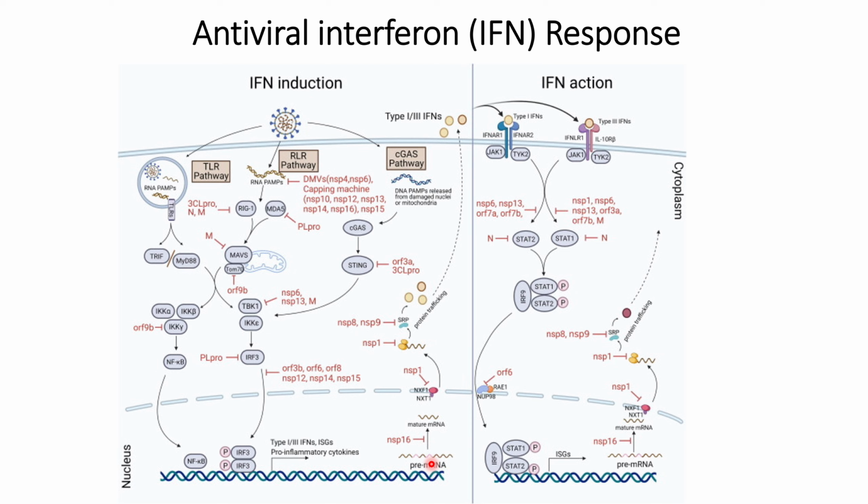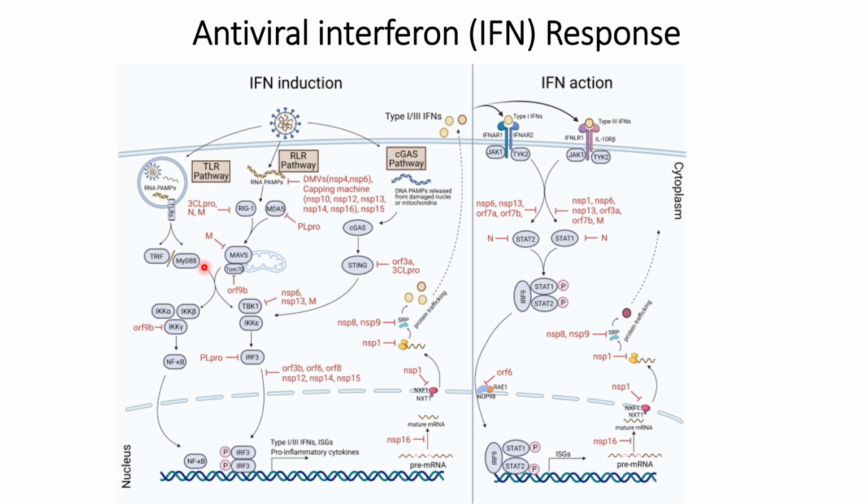This leads to the pre-mRNA formation of the interferons, and after that the normal process, that is maturation of the mRNA. Then, due to the signal recognition particles, SRP, it will be directed to the extracellular matrix.